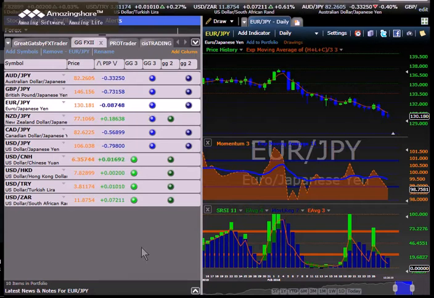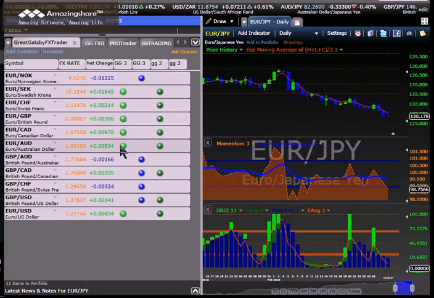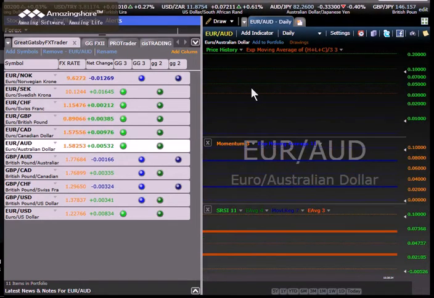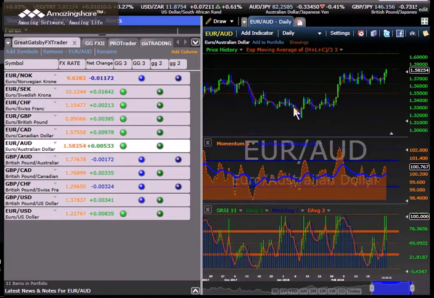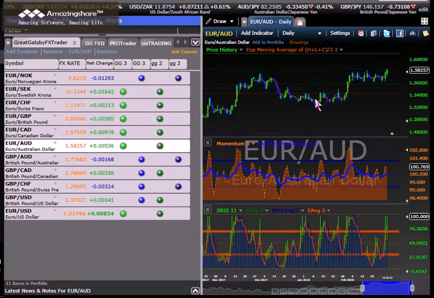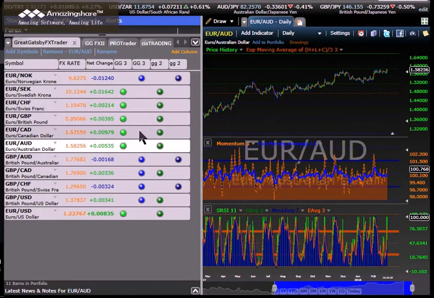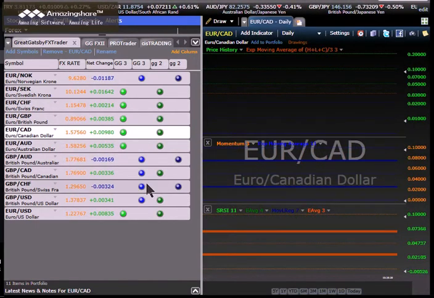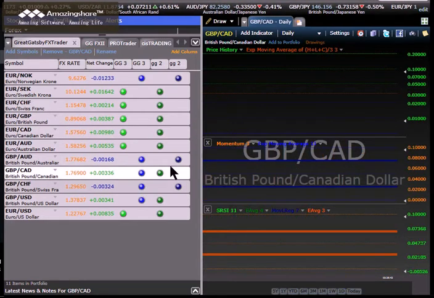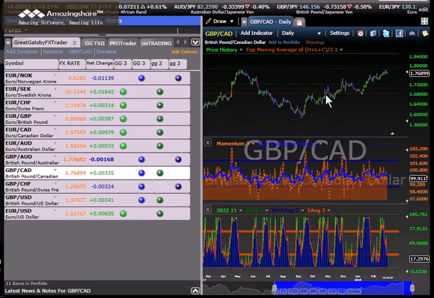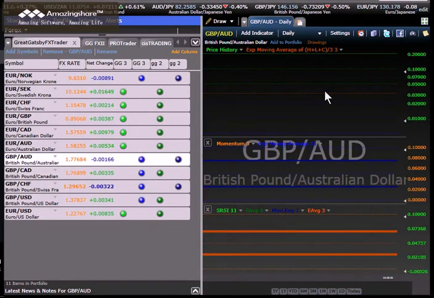The Canadian dollar and the Australian dollar, when we look at the euro versus the Australian dollar and the Canadian dollar, the euro offers a better trend quality for the longest period of time against both the Australian dollar and the Canadian dollar. When we look at the British pound versus the Canadian dollar, we have better price range movements there. The same thing with the British pound and the Australian dollar.